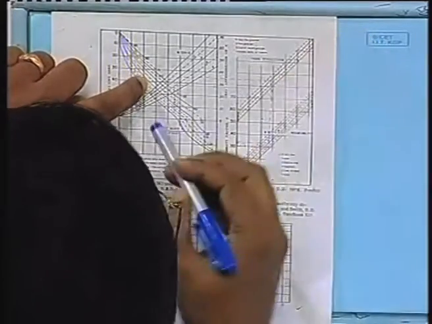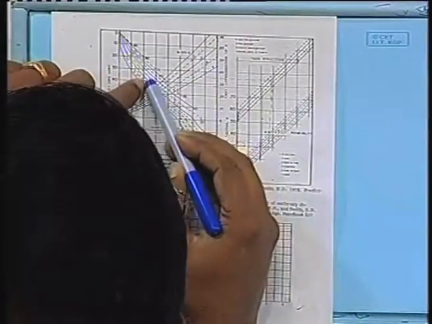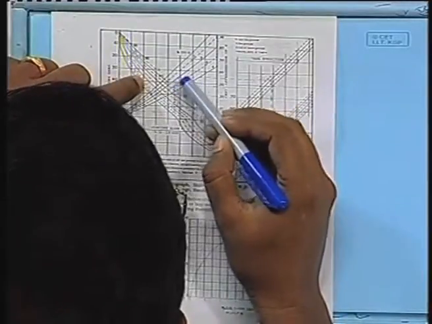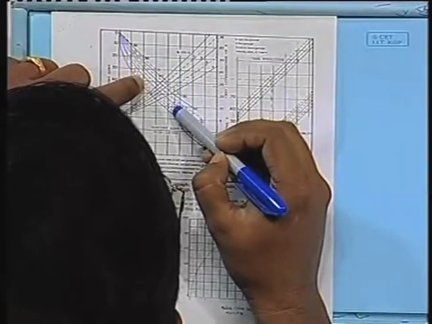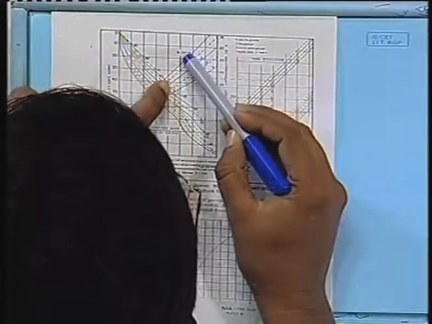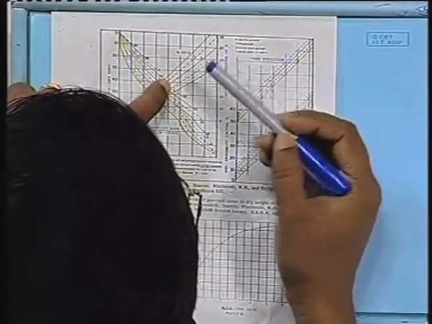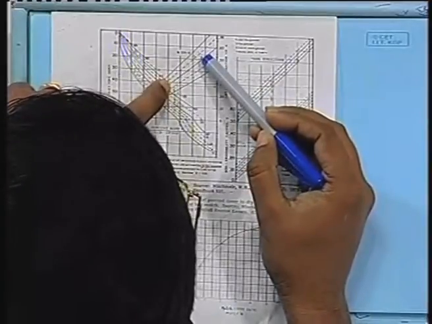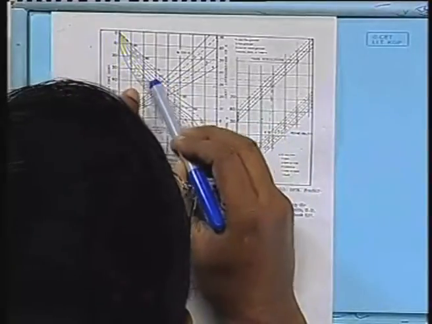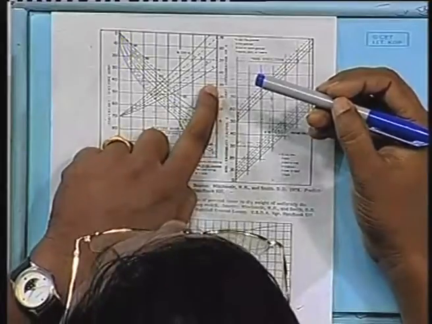From the point where it is connected, you have to extrapolate to the value at organic matter, which I have said is 2.